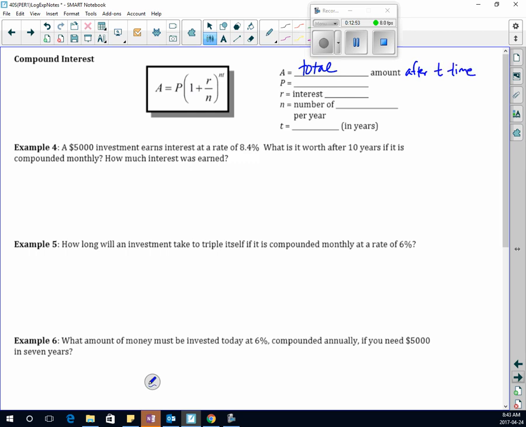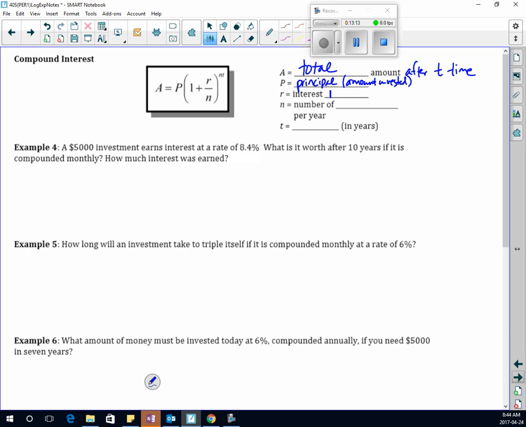I'm going to add that in there. So P is the principal, and it is spelt like a principal in the school, and this is the amount invested. And if it's a loan, it's the amount loaned.